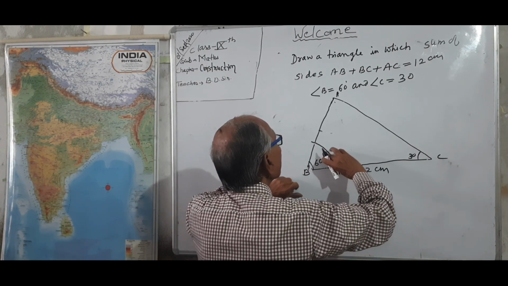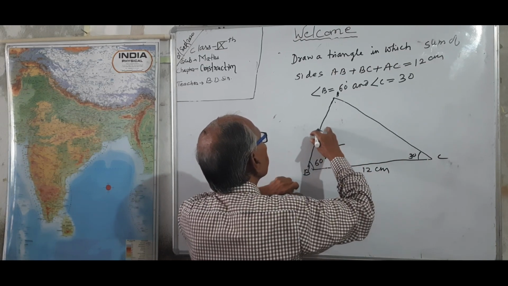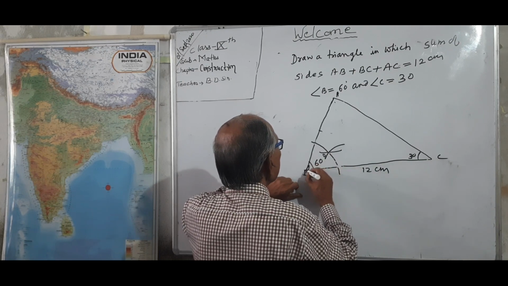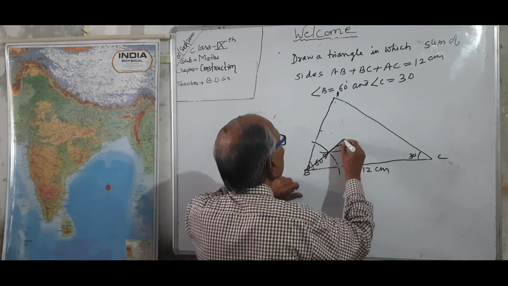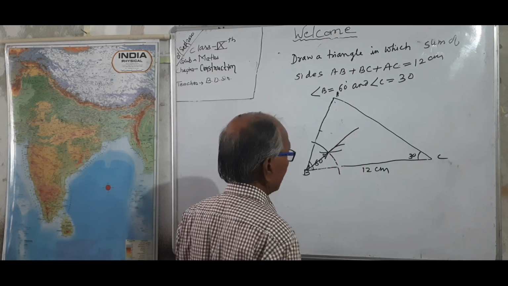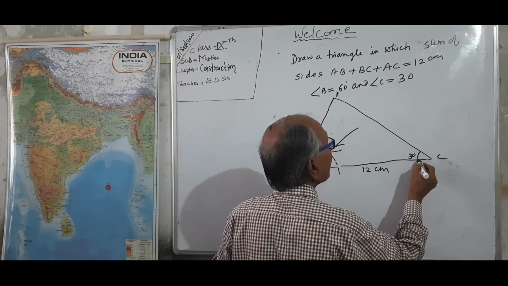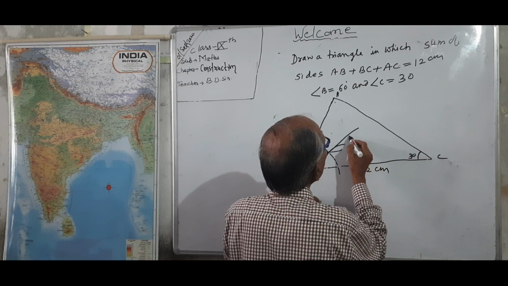And from here we draw an arc here, and from here we cut this arc. And if we join this point of cutting, then this will be a line. Similarly, we bisect angle 30 degree using the same process.